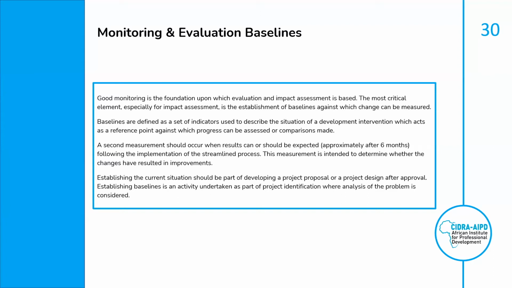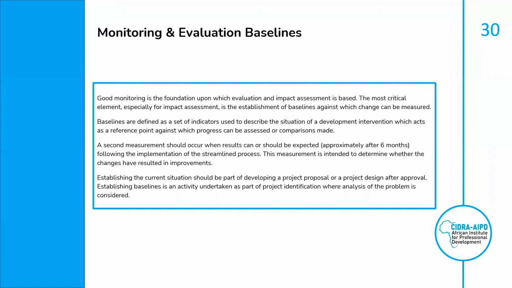A second measurement should occur when results can or should be expected, approximately after 6 months following the implementation of the streamlined process. This measurement is intended to determine whether the changes have resulted in improvements.